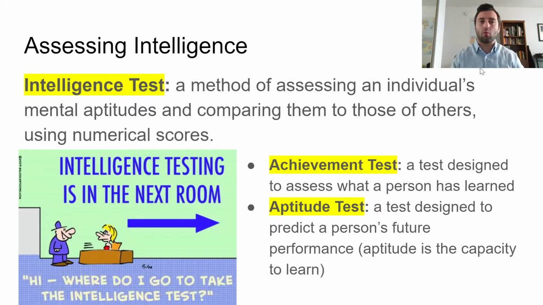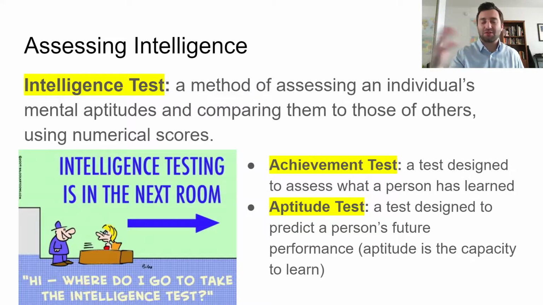So first, let's just talk about what an intelligence test is in general. When we're talking about an intelligence test, it's a method of assessing an individual's mental aptitudes and comparing them to those of others. Generally speaking, the way we're going to do this is using a numerical score. It's pretty hard to compare intelligence across different people without using some sort of score to do so.